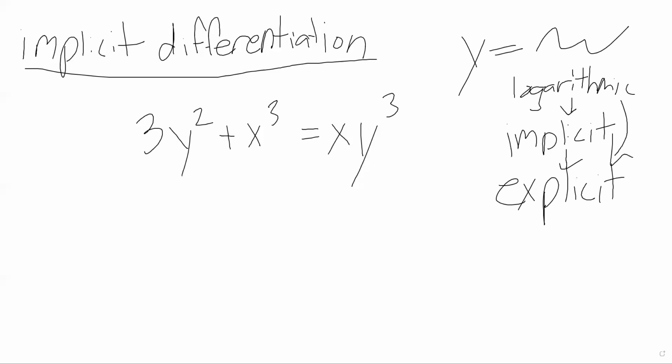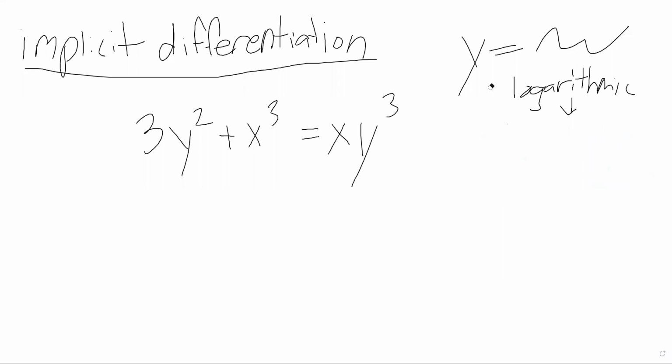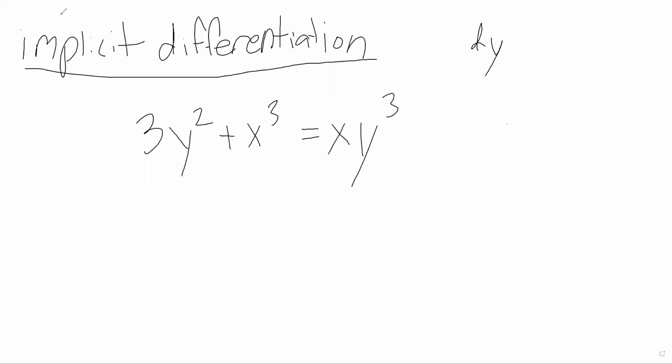So again, what's the key to implicit differentiation? It's the dy over dx and dx over dx. So right now, I just see this and we see we got y's all over the place. I'm just going to implicitly differentiate this. So the key is you're going to start by taking the derivative of each term.